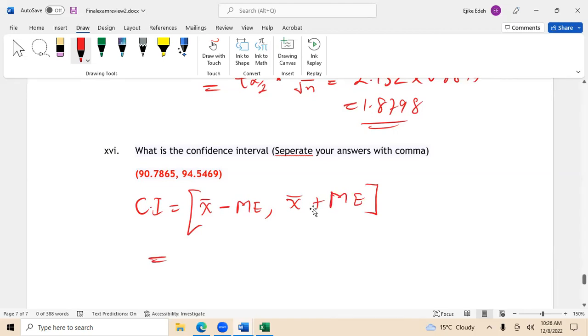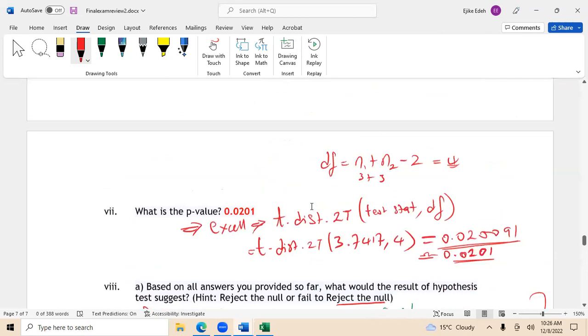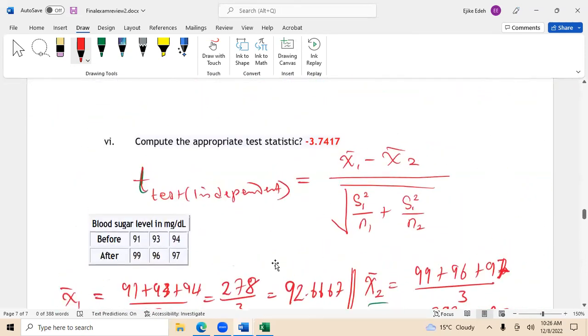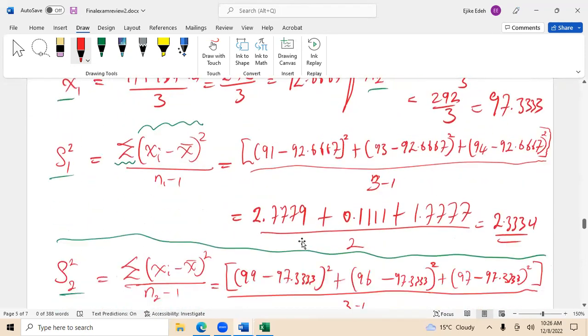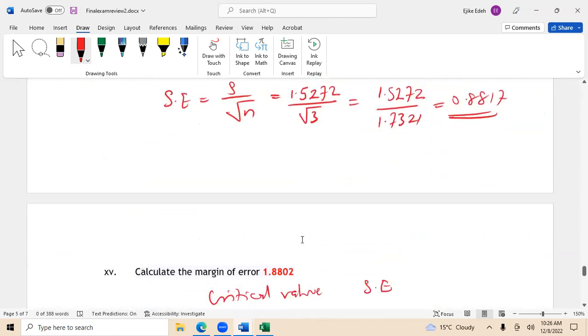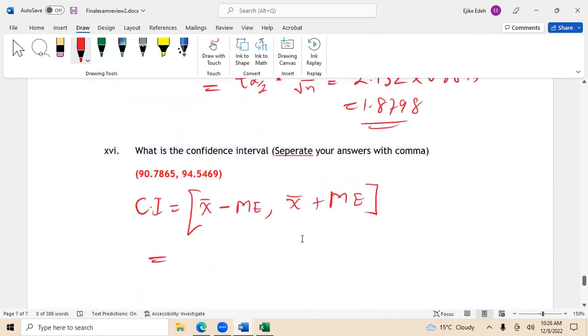The sample mean for the part we are solving, we already did, 92.6667, and we just did the margin of error, so we can pick that up. So you have 92.6667 plus 1.8798. The answer will differ a little bit from this, just as we already know why.